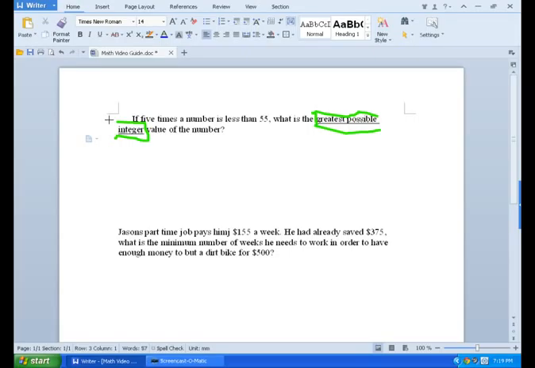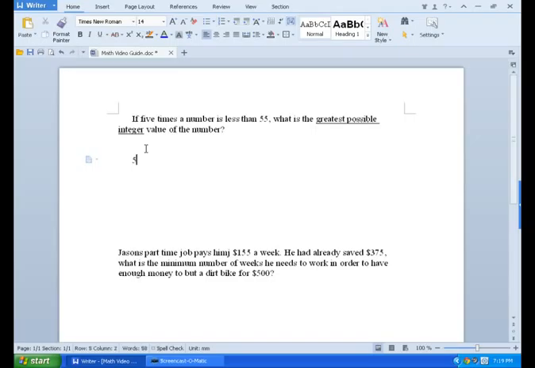A greatest possible integer means that it's basically 5 times the number, the value of the number, is less than 55. For example, 5x, which I'm going to type right here: 5x is less than 55. How will we solve that?